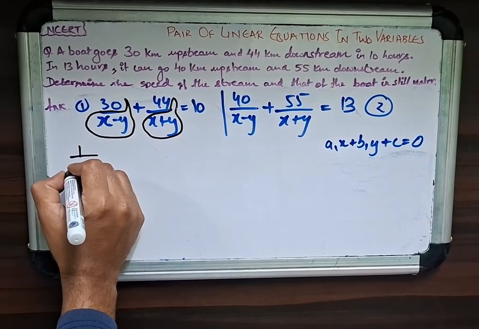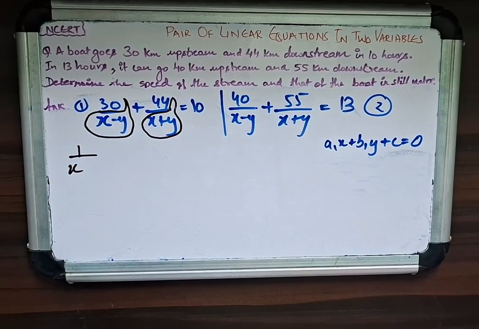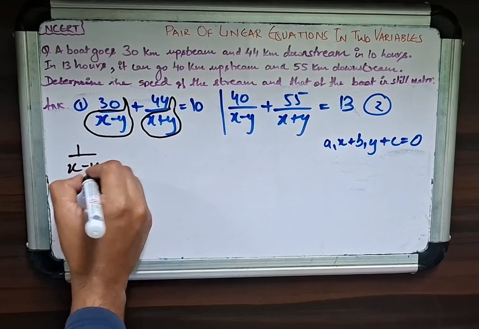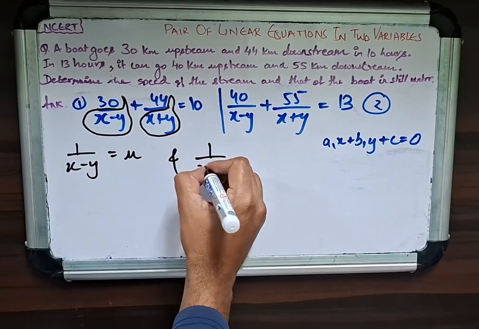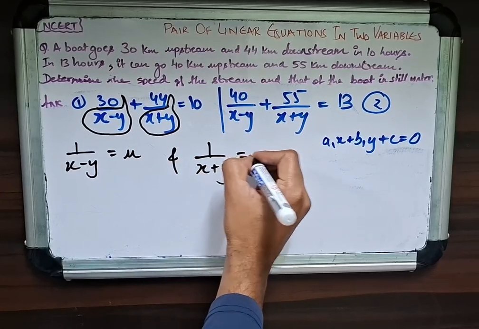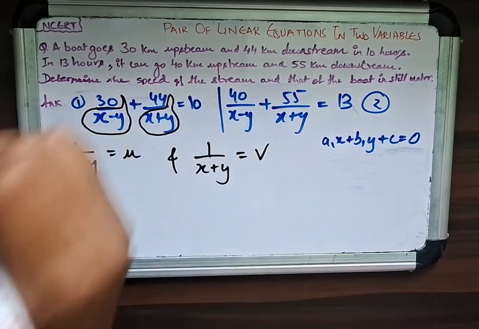Let's denote 1 upon x minus y as u and 1 upon x plus y with v.